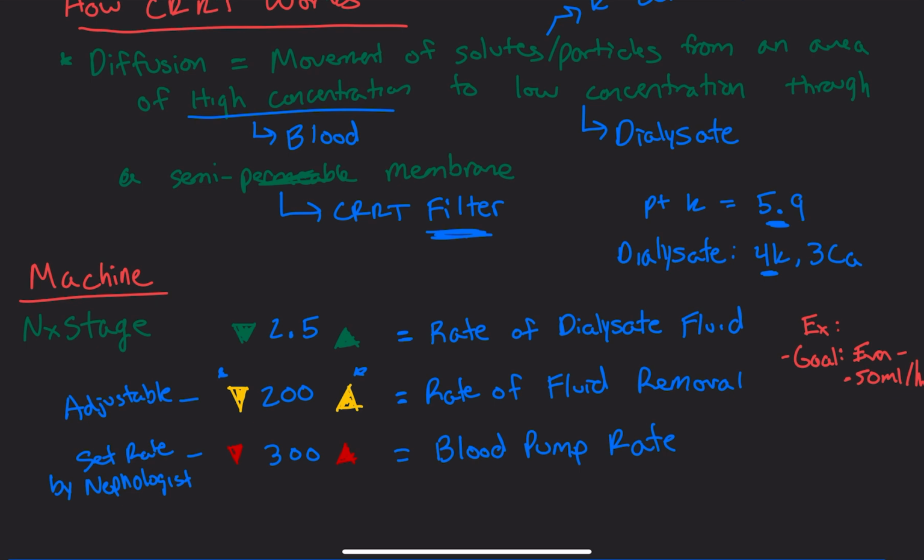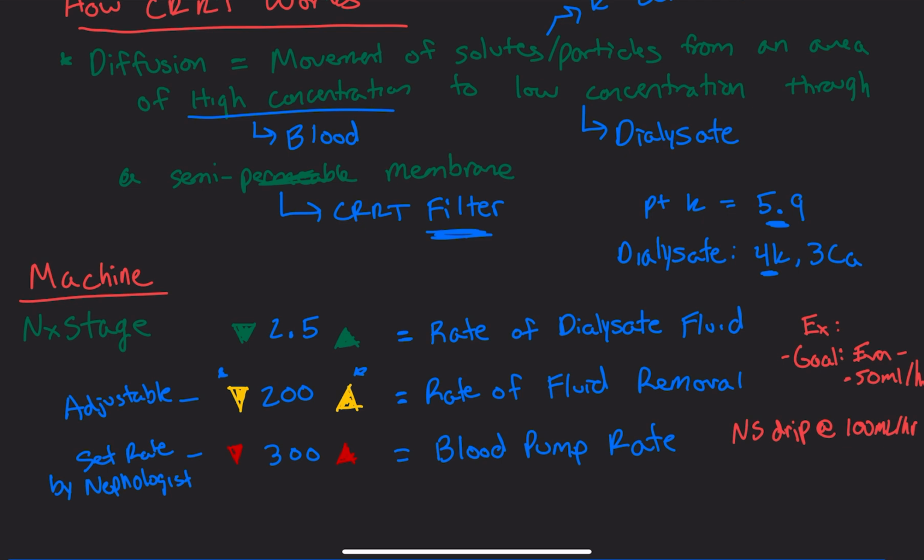Let's say for this example, we'll make it easy. They are on a normal saline drip running at, we'll say, 100 mLs an hour.